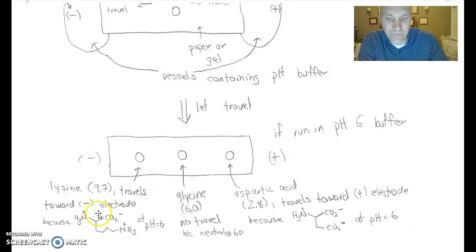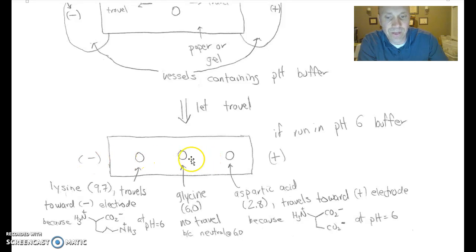Conversely, consider lysine, whose isoelectric point is 9.7. 6.0 is more acidic than 9.7, which means it exists primarily in this form, where both of the amines in the molecule are in their HA form rather than their A- form. This molecule has an overall +1 charge, and therefore it's going to travel towards the negative electrode.